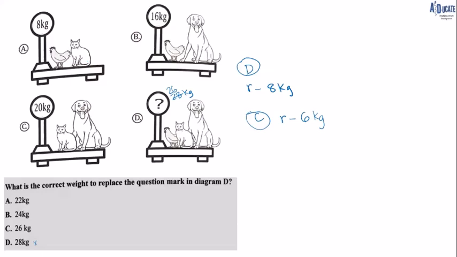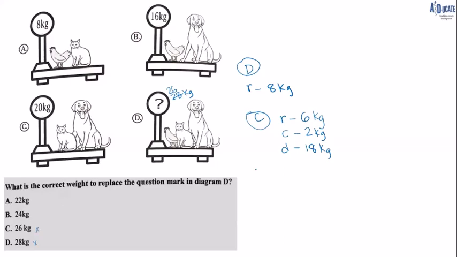If the cat is 2 kilograms, then looking at C, the dog would be 18 kilograms. But the rooster is 6, which would mean the dog should be 10, but it doesn't work. It doesn't work, guys.